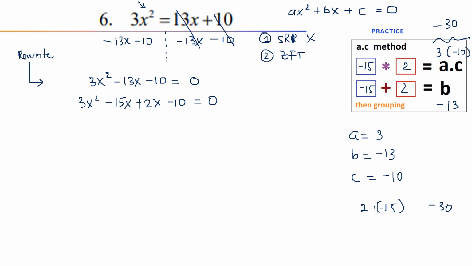So that negative 13 is rewritten as negative 15 plus 2. Alright, now next we group the first two and the last two. In common for the first group, 3x, left with x minus 5.